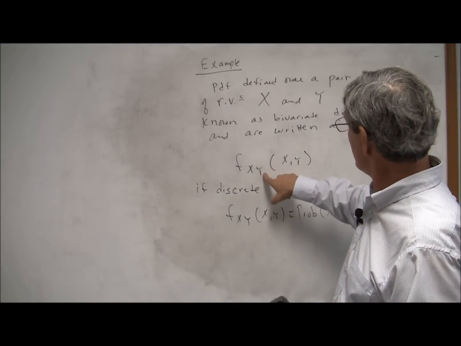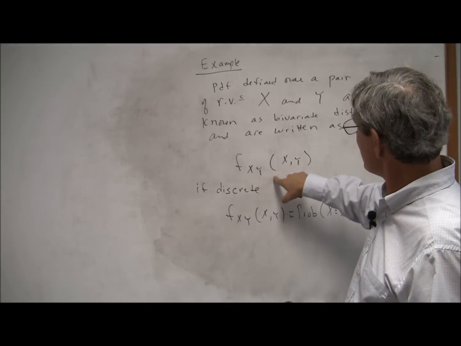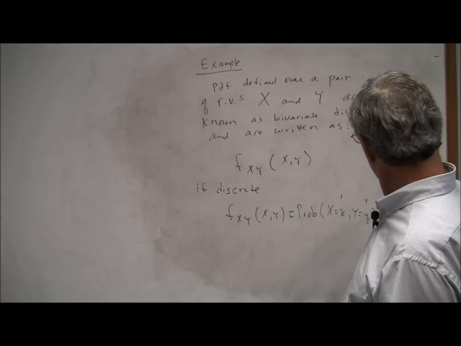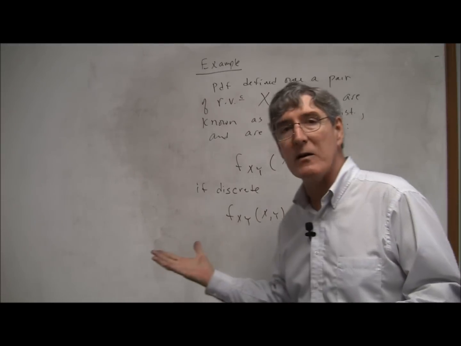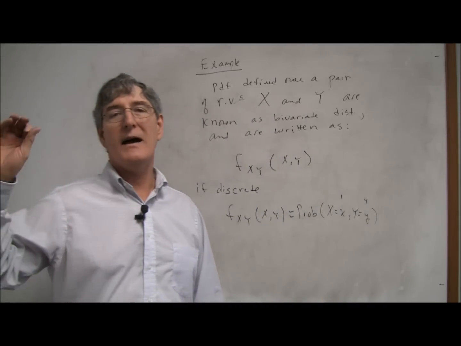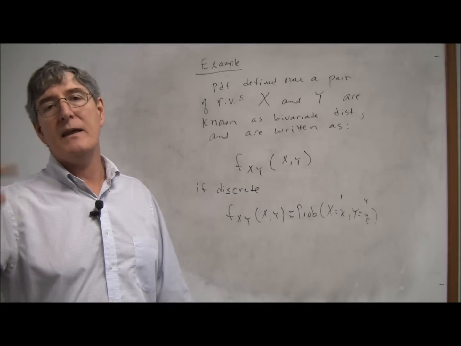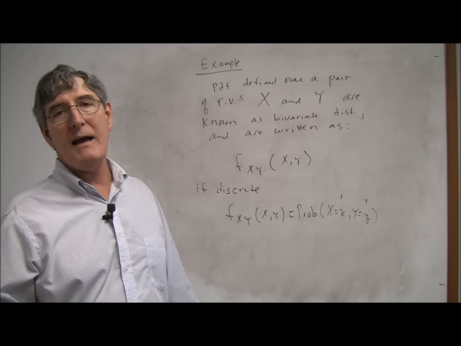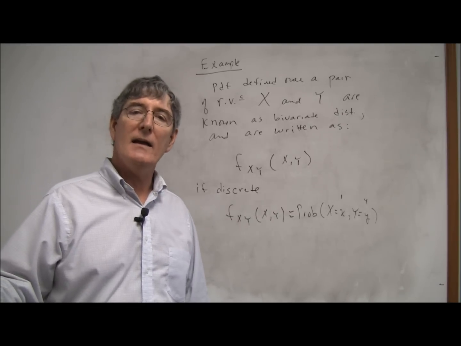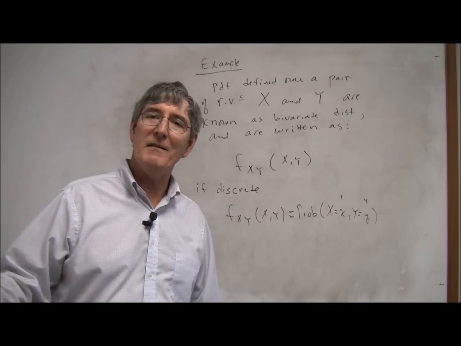You could define this for 3, x, y, z, for 4, for 5, for 6. For x, y, z, you just have the probability that z equals some value. I could spin the spinner a third time. Or I could do completely unrelated things. I could have x be the outcome of the spinner, y be the outcome of rolling a die, and z be the outcome of flipping a coin.